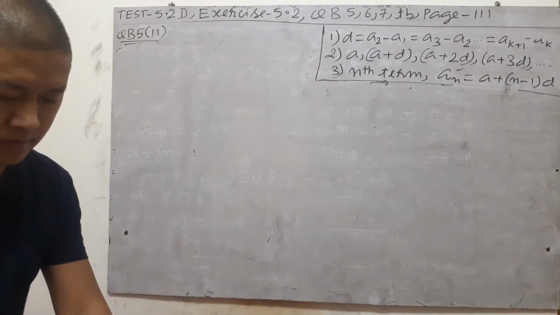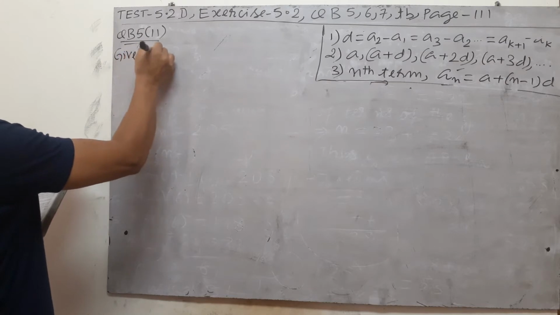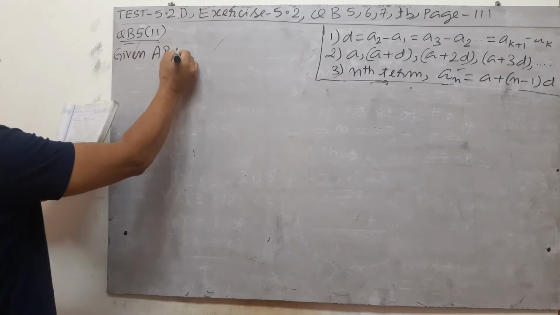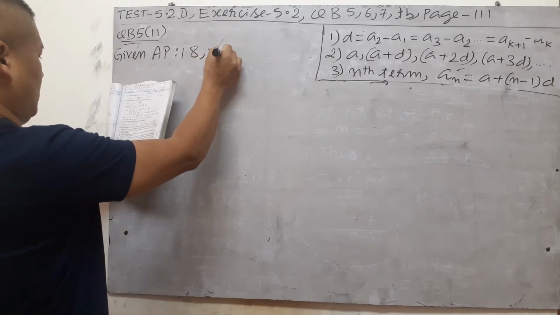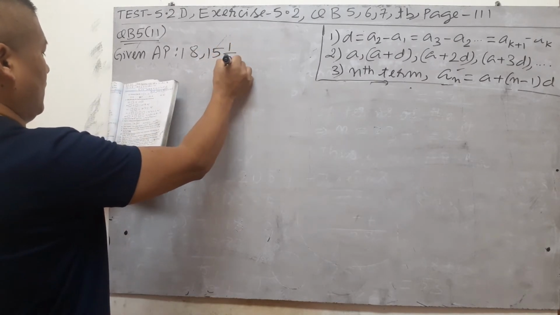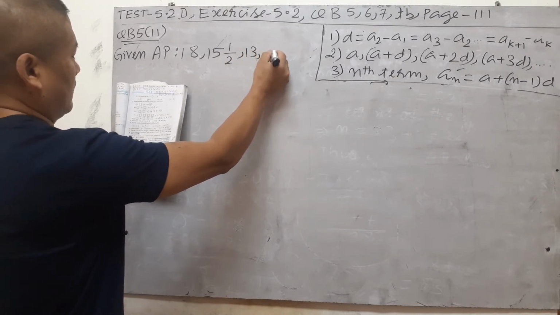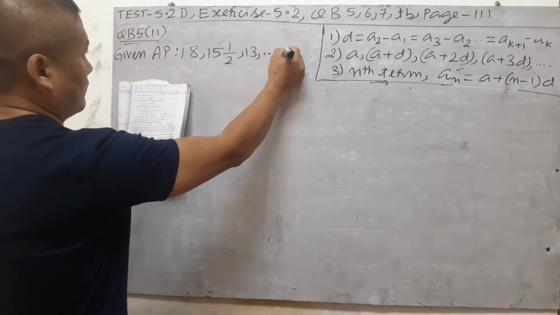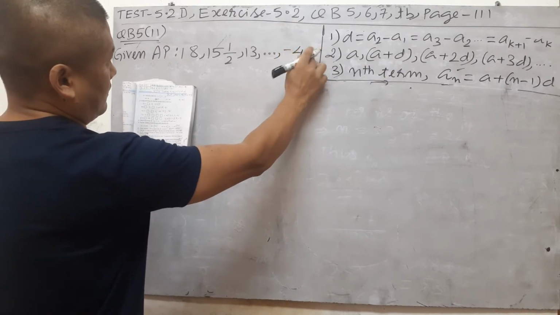Next, given AP, let us write that down. The arithmetic progression given to us is 18, 15 and a half, 13, etc., up to minus 47, which is clearly the last term.